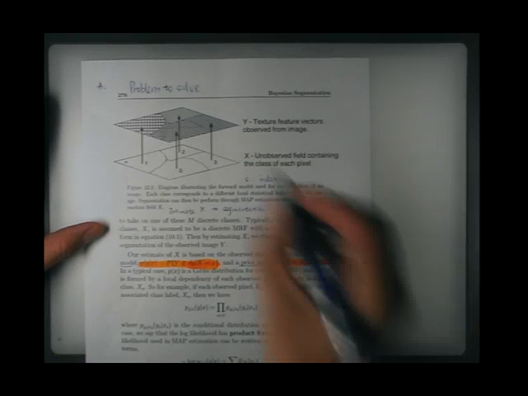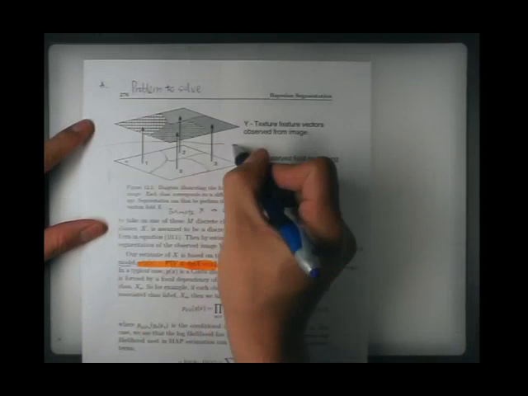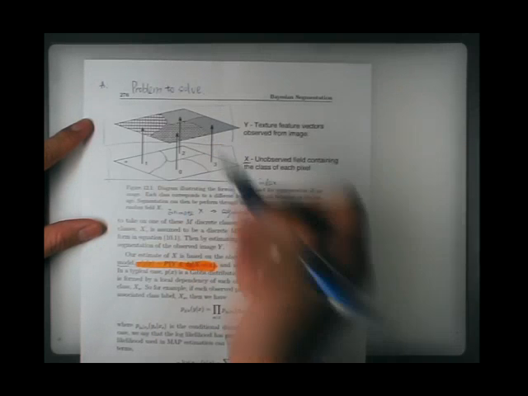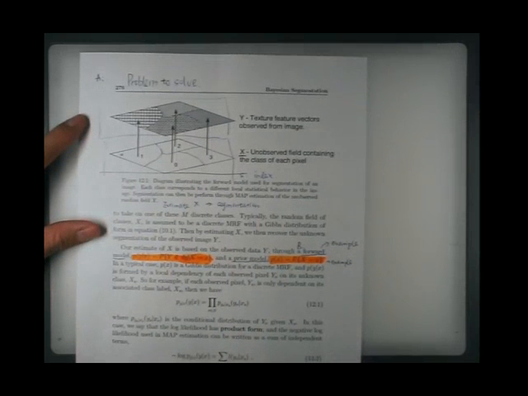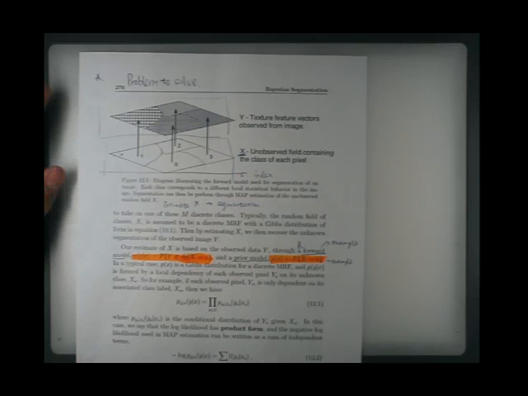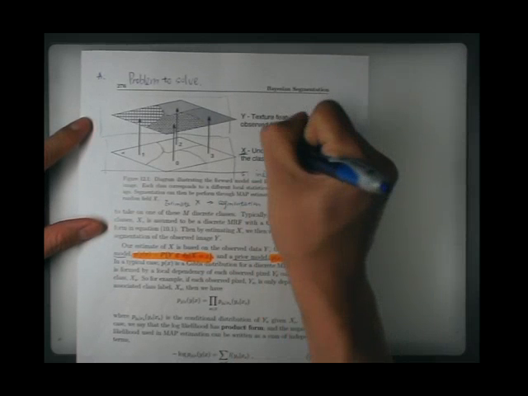Here I would like to show you a figure. So here we have the unknown x shown here and the observation y. Y is typically a texture feature vector, and x is typically discrete random variables. And we set up a constraint on x as a Markov random field.